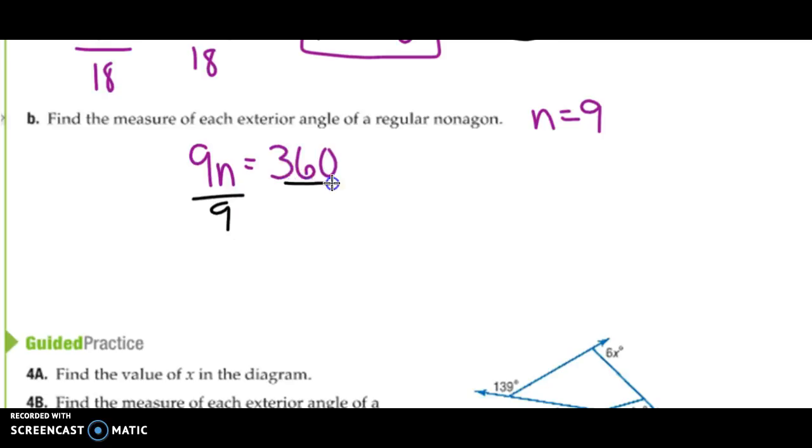Divide both sides by 9, and I find that n is equal to 40 degrees. So what's the measure of each exterior angle? It's 40 degrees. So we can do both where we find the value of x for those measures and also what they are in a regular polygon.